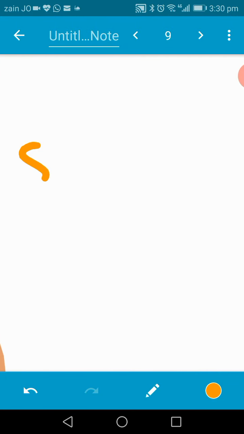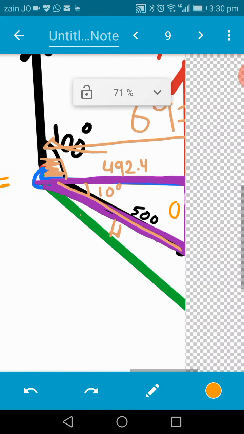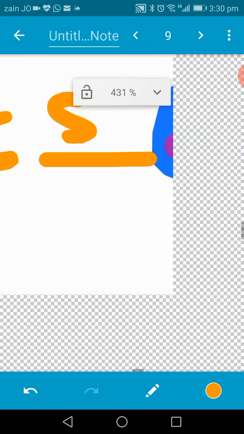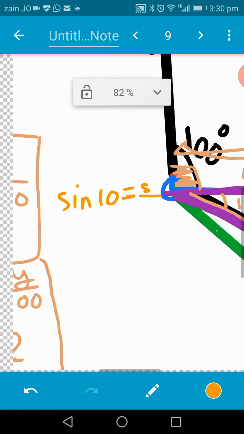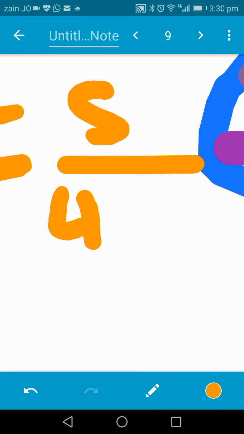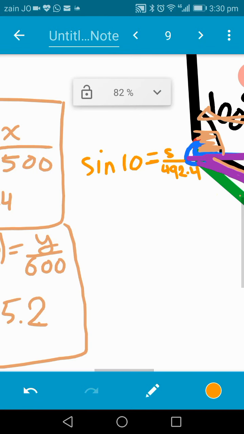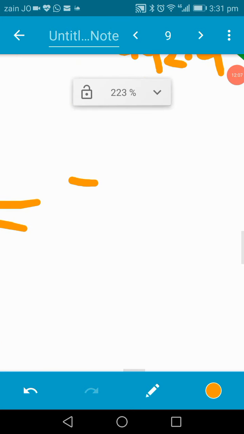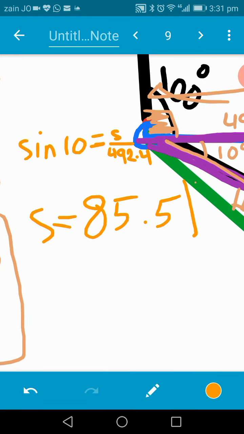Sine 10 equals the opposite, which is S, over 492.4. I get S equals 85.5. This is S.